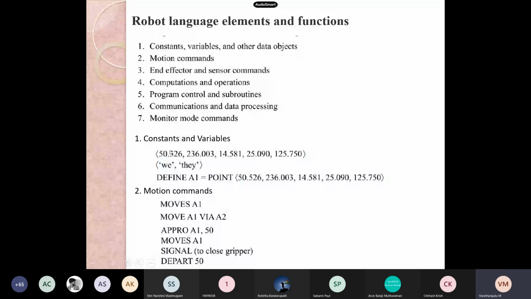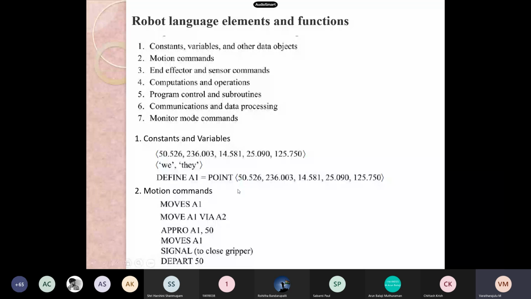The first example consists of five numbers, and the second example consists of two strings. Define A1 consists of these five different real numbers.